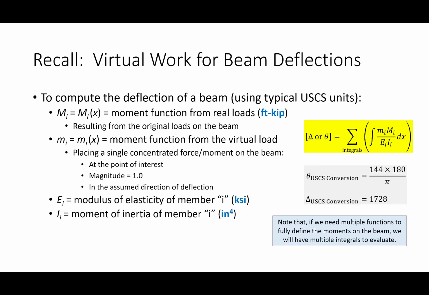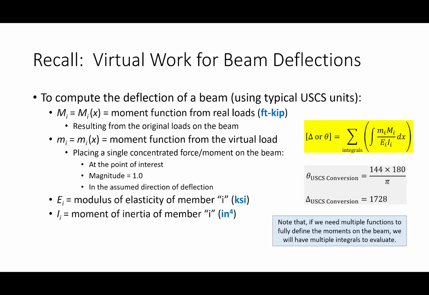so we're summing up some stuff. What are we summing? We're summing up a series of integrals. What is in these integrals? There are some fractions, and what goes in these fractions? We have EI and we have MM. So let's see if we can generalize this a little bit.